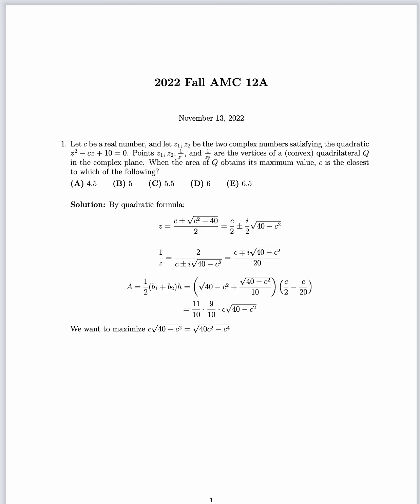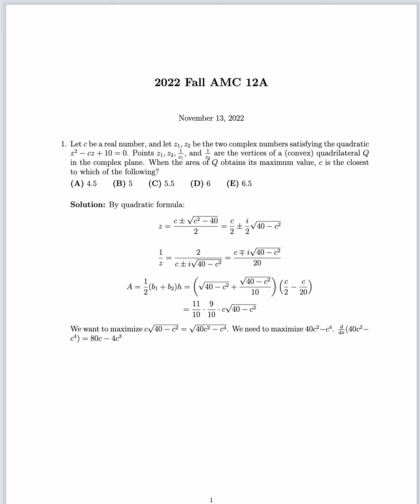Now we can just take the derivative, right? So d over dC of 40C squared minus C to the 4th. What is that? This is essentially equal to 80C minus 4C cubed. Now we set it equal to 0.